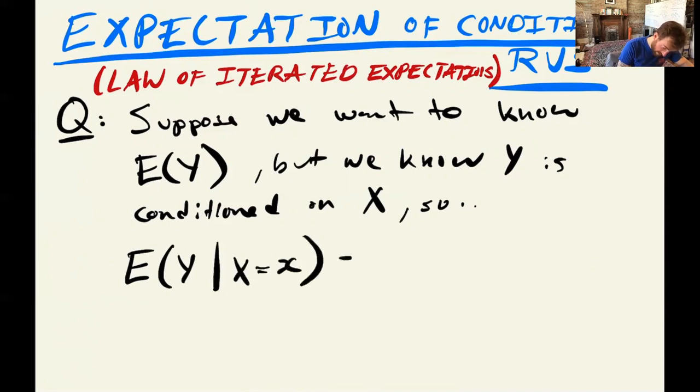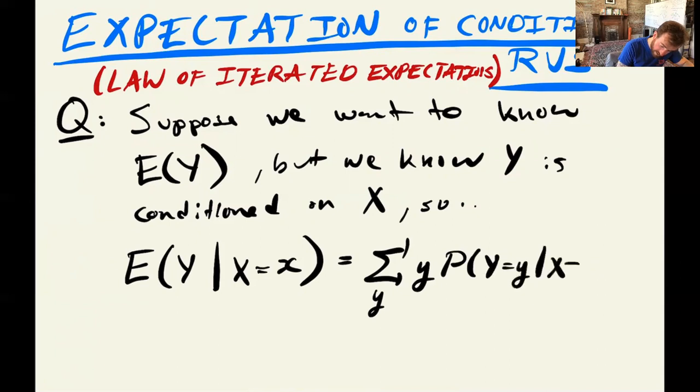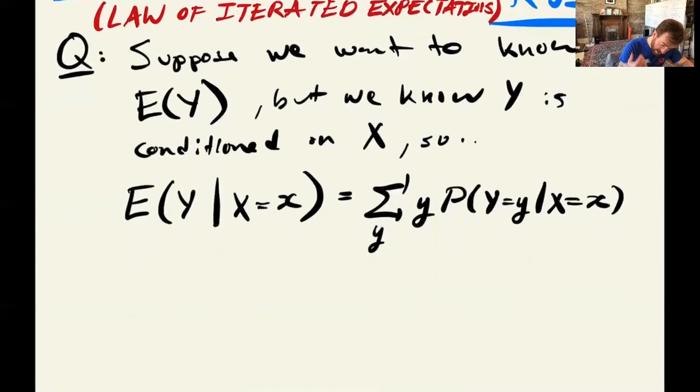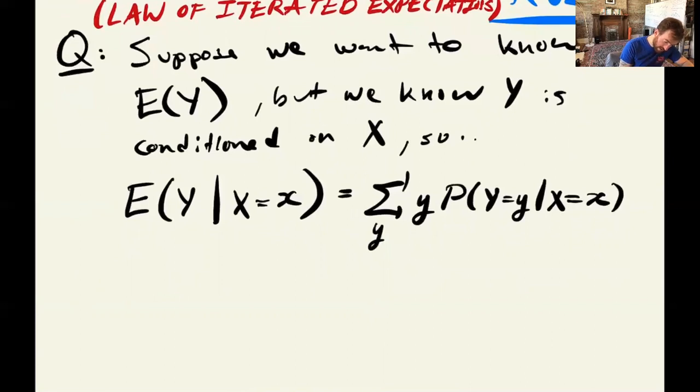Now, again, by definition, we can just say that this is the sum over all possible values y of y times the probability that y is equal to little y given that x equals little x. So that's the definition of this. But we're going to see that in this case, things are relatively simple because we can interpret y, given that we know the value of x, as simply a binomial.